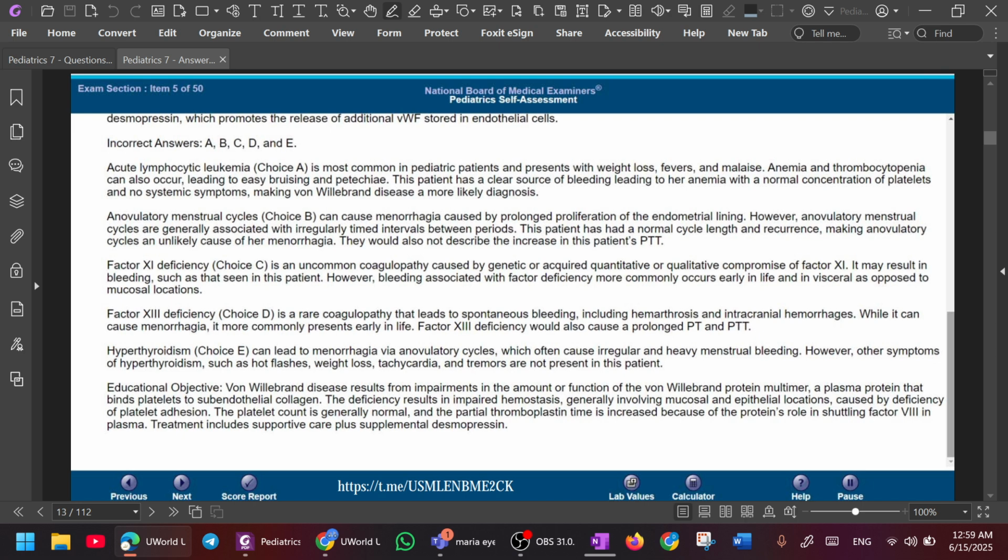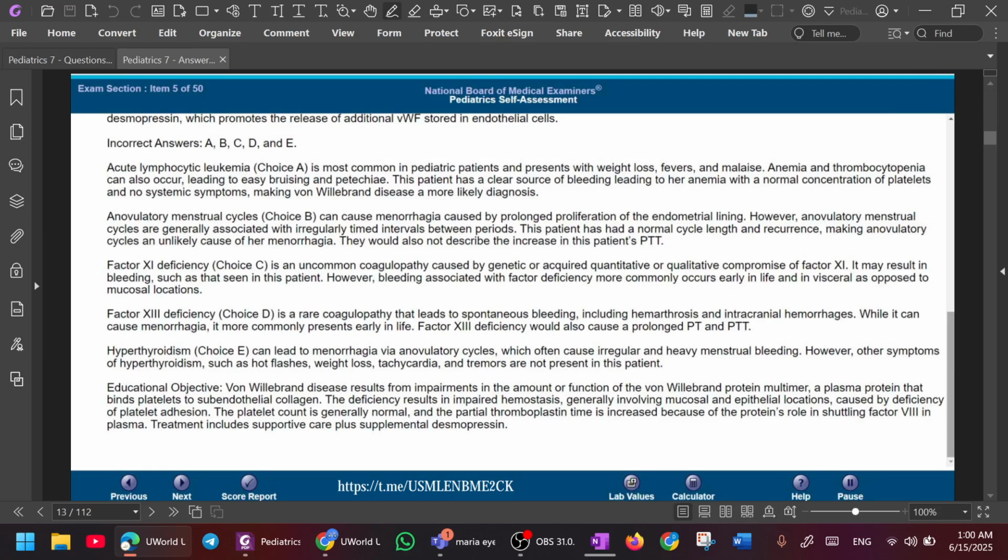So bleeding time for von Willebrand, I'm guessing it will be high. Platelet count will be normal. PT will be normal and PTT will be high.